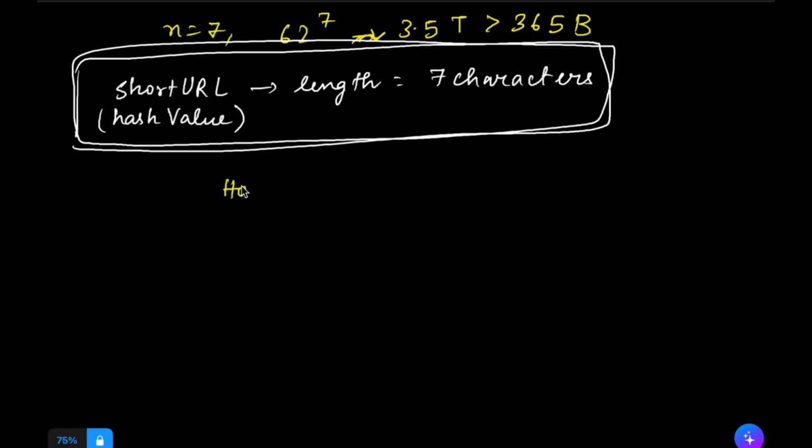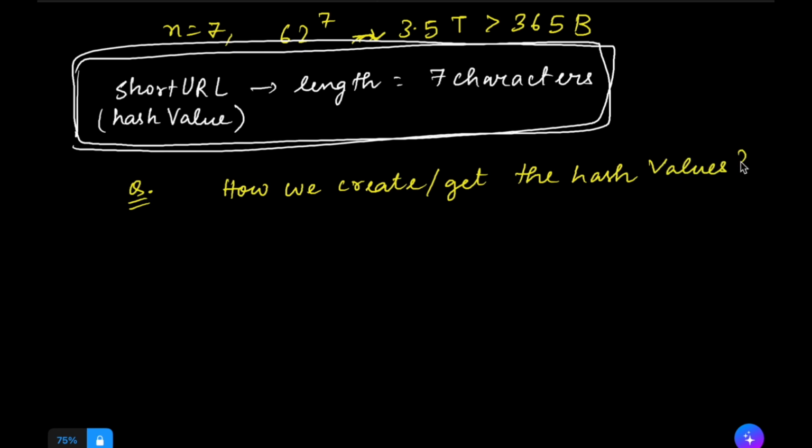So our question now is how we create or get the hash values. For this we will look into two approaches: how we get the hash value from hash functions.